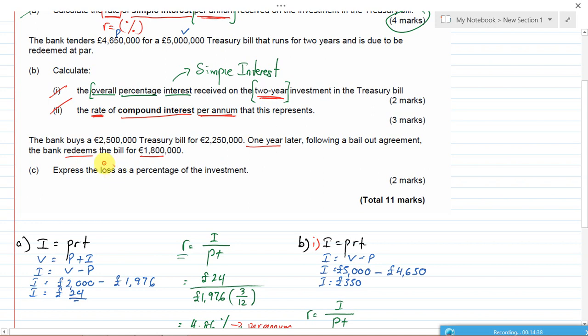So they already told you it's going to be a loss because the bank buys for 2250, but when you redeem, you only redeem for 1,800, which is less than what you buy. So therefore, it's going to be a loss. But they're asking how much the loss is in what? Percentage.